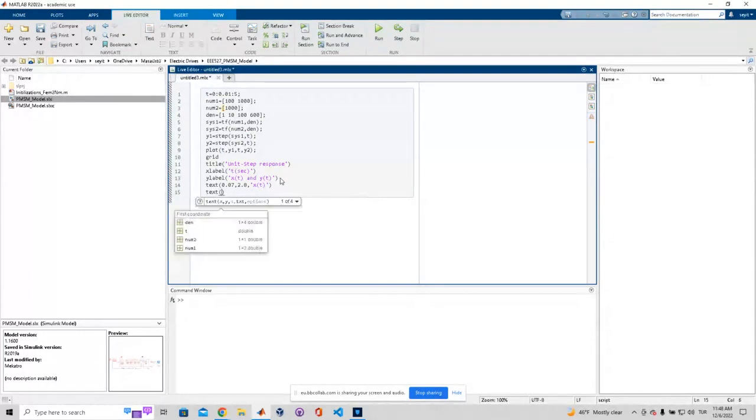And text for the yt, let's say for the yt, and then you can specify the points again here, like 0.7, comma, and then let's say it should be 2.35.